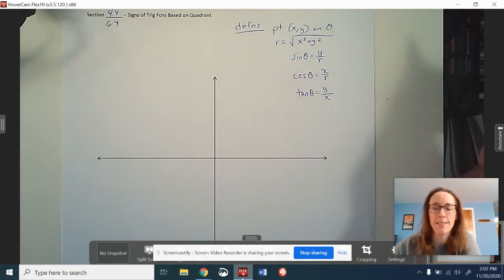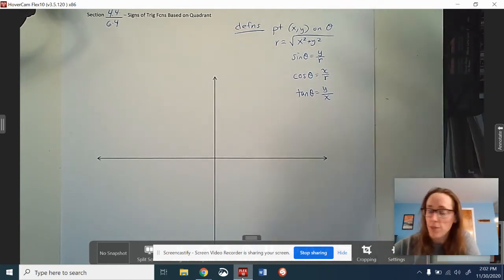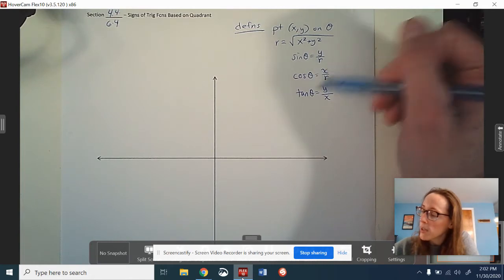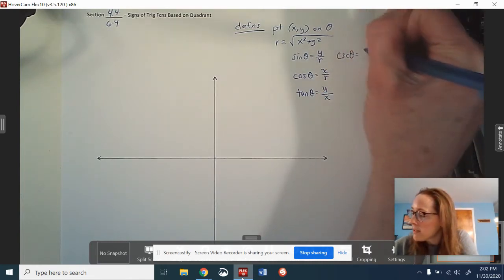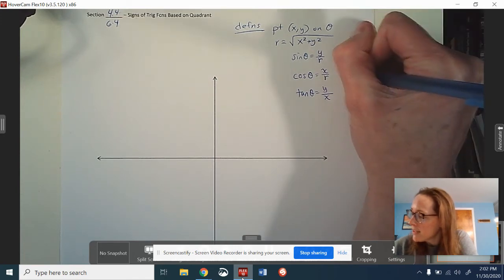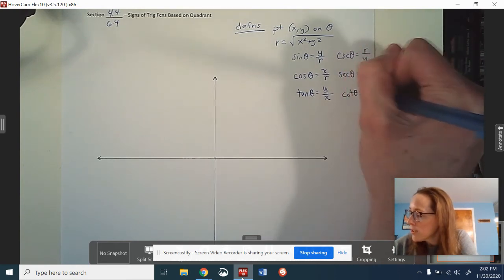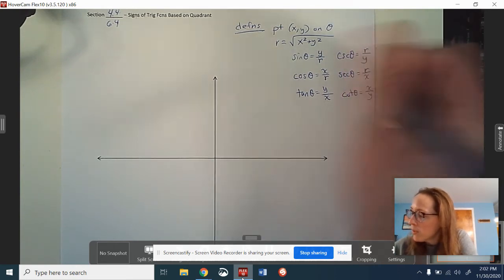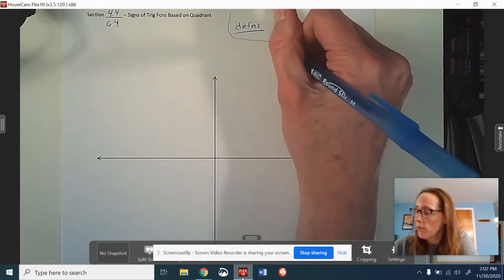Eventually, though, we'll relate these definitions to the SOHCAHTOA definitions. So sine is y over r, cosine is x over r, and tangent is y over x. The reciprocal of sine is still cosecant. That didn't change. The reciprocal of cosine is still secant, and the reciprocal of tangent is still cotangent. And remember, these work for any angle, not just acute angles. That's why they're more powerful.